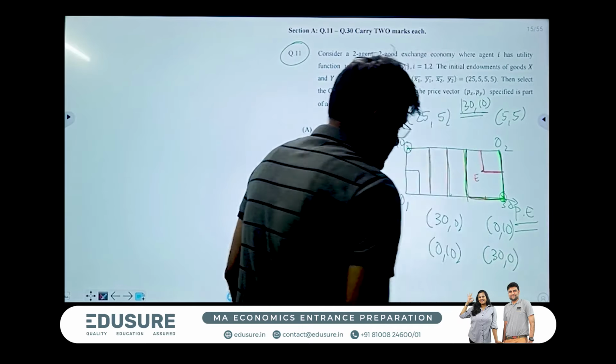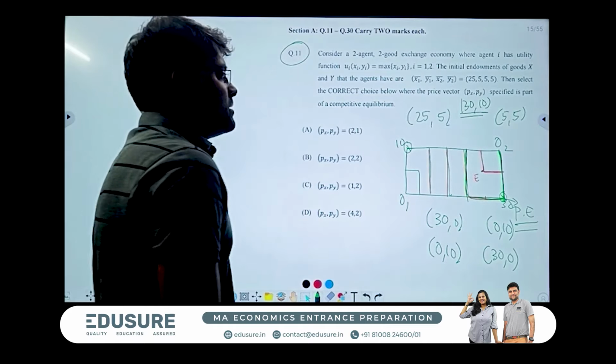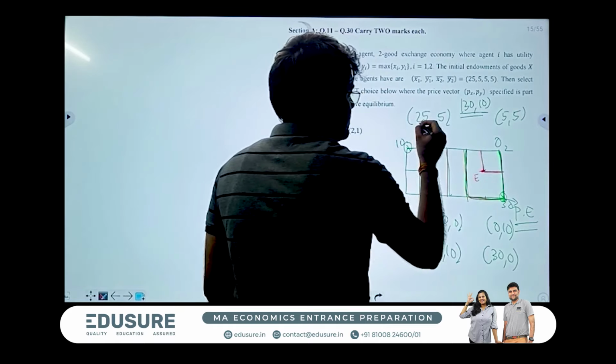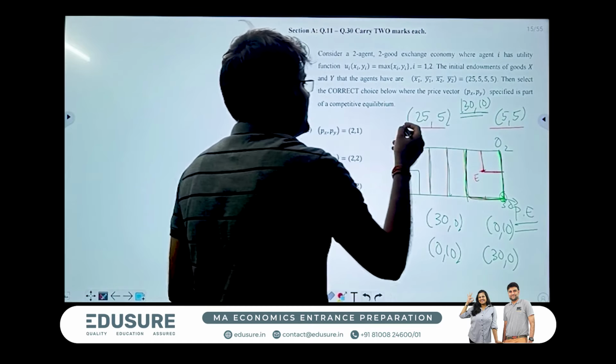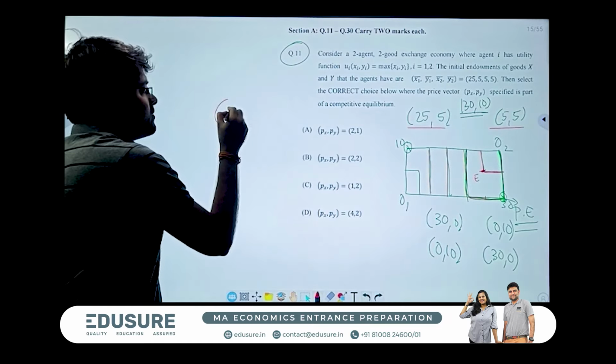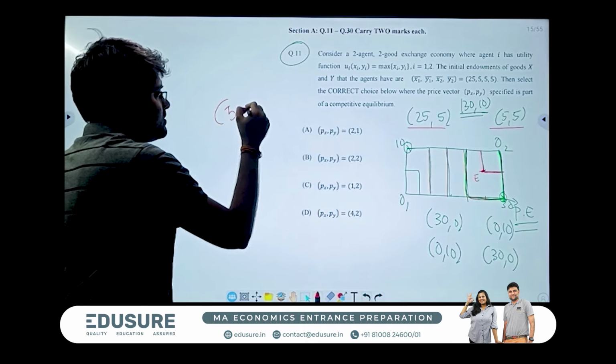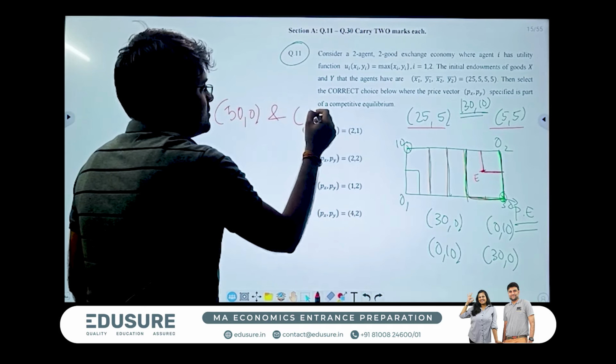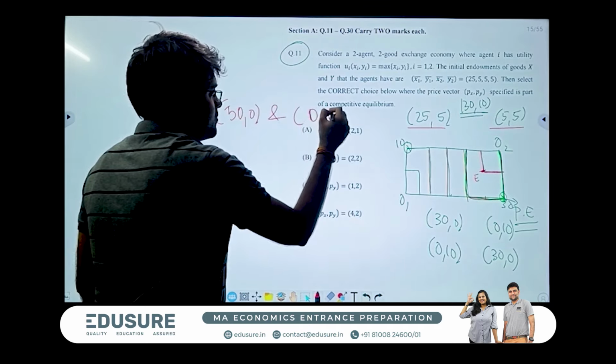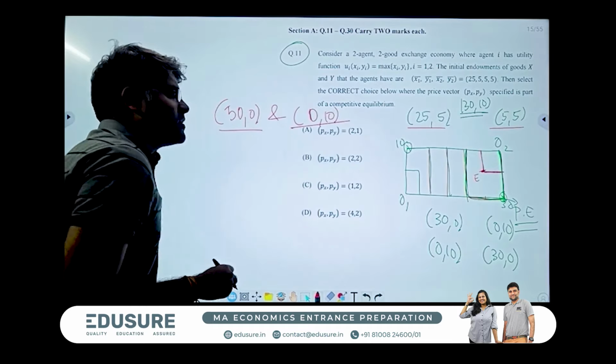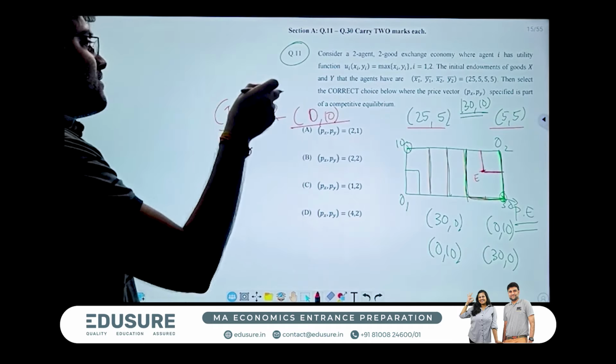Here, since I am at an endowment point which is here, this will basically go to a competitive equilibrium which will look like this: 30,0 and 0,10. Now, for what price will 25.5 go to 30,0?